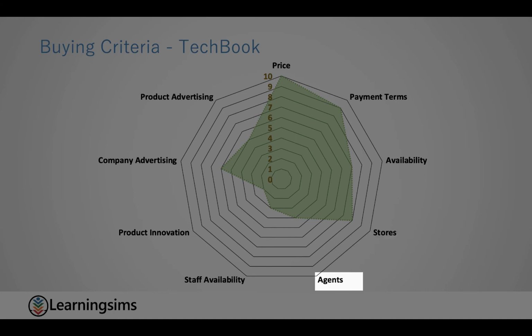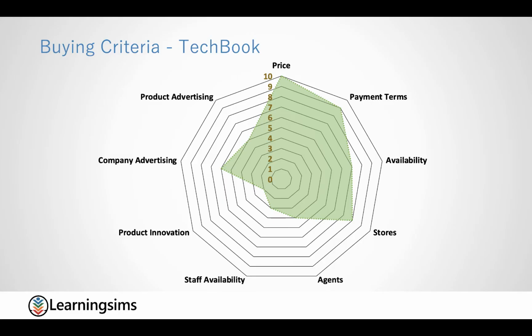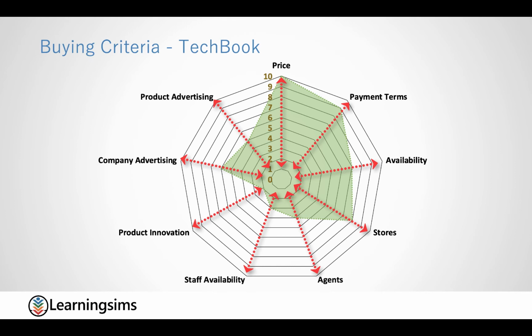Your agents are retailers that sell everyone's products at a commission. Staff availability, product innovation, company advertising, which is you advertising the whole company, and product advertising, which is you advertising only the textbook. Then we asked on a scale of 1 to 10, 1 being not too important and 10 being very important, how important are these criteria to you?